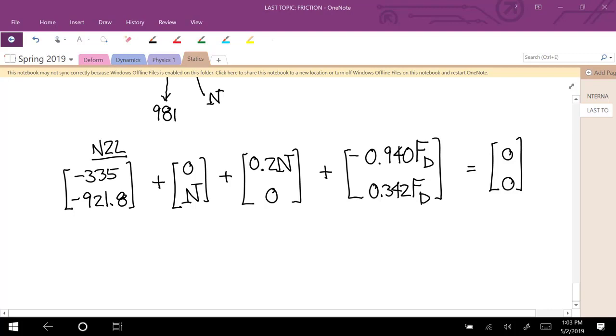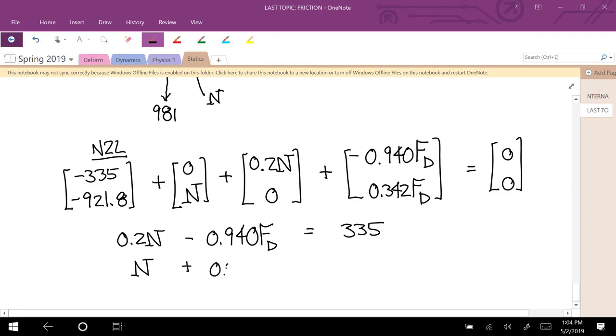And so we get two equations. 0.2N minus 0.940 FD is equal to 335. And positive N plus 0.342 FD is equal to 921.8.